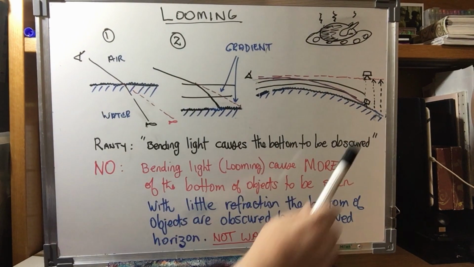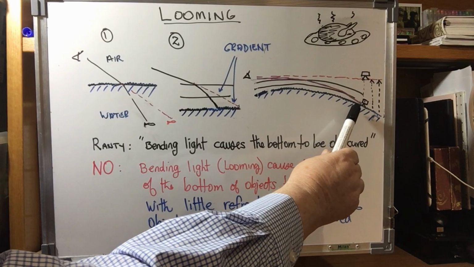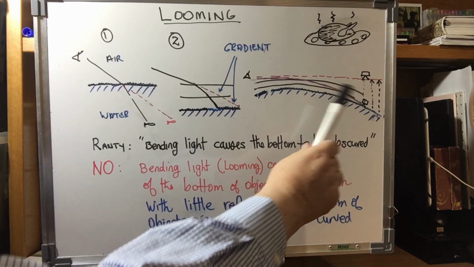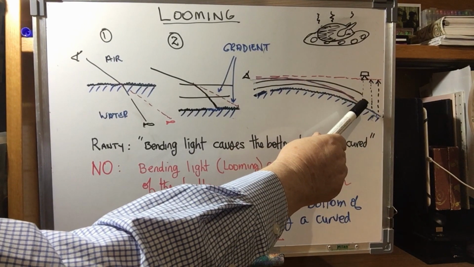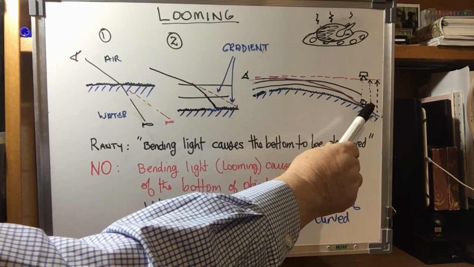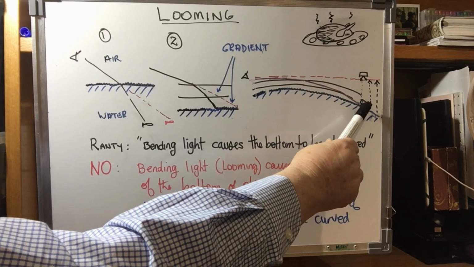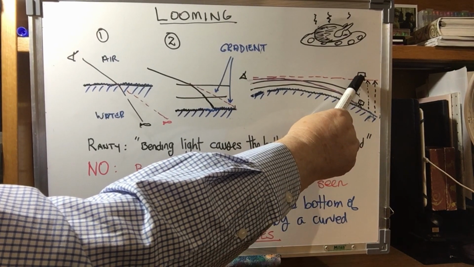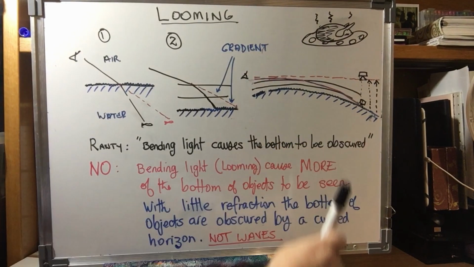And what's happened is it's loomed up. So in fact, while the actual rig is down here over the curve, the bent light causes it to loom up so that it looks like, for all the world, it's up there.